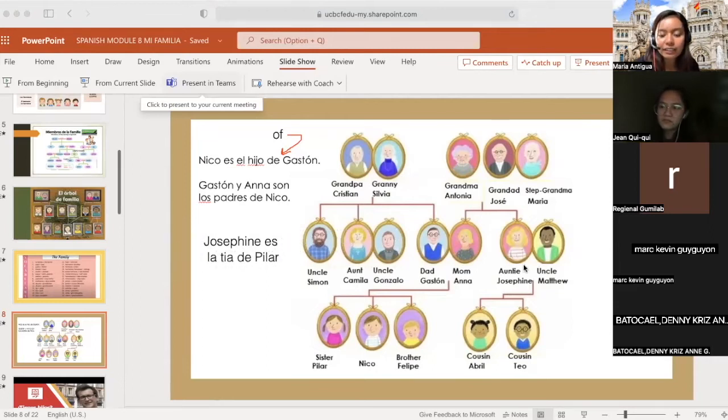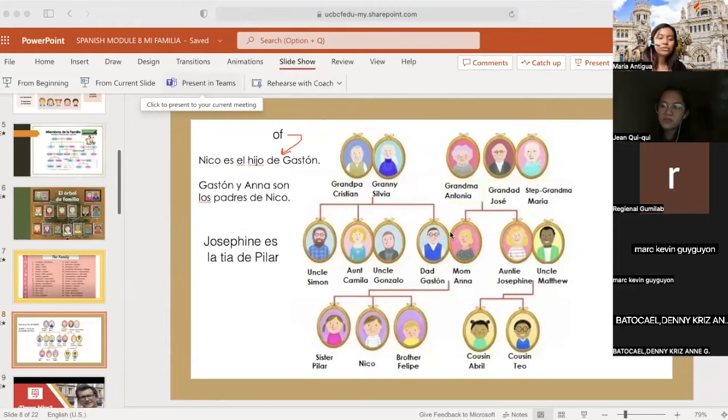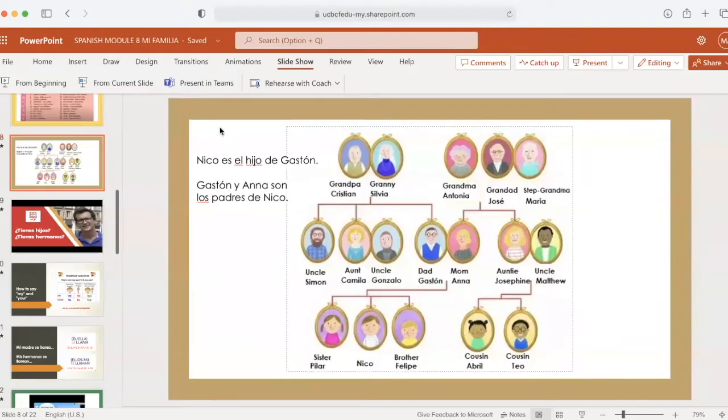Is it correct? You have to focus on this. As I was saying, Josefine es la tía de Pilar. Tama ba? Correct, right? So, the same. Josefine es la tía de Felipe or de Nico. Okay?